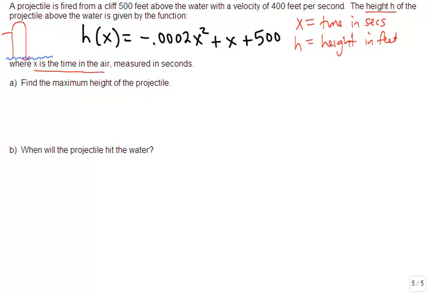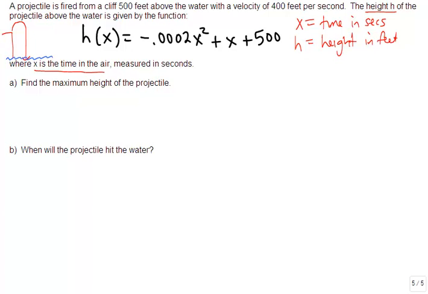So think about this picture again and notice the way that I drew it. What shape does this have? It looks like an upside down U, which it has to be because this particular function has an x squared in it. So this is a quadratic function, therefore it's a parabola. It points down because this a is negative, and if it points down, then it has to have a maximum.